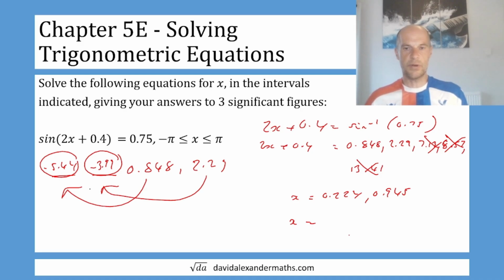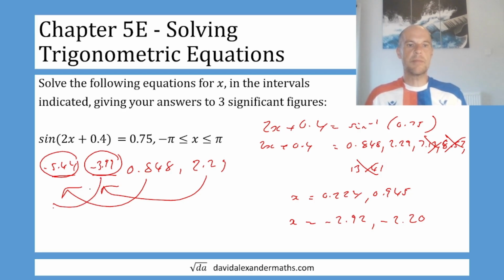From the negative 5.44, I'm getting minus 2.92. And from the negative 3.99, what am I getting? Minus 3.99, take away 0.4, divide that by 2, I'm getting minus 2.20. So I've not found one yet that's dropped out of range. So what is the next one beneath negative 5.44?